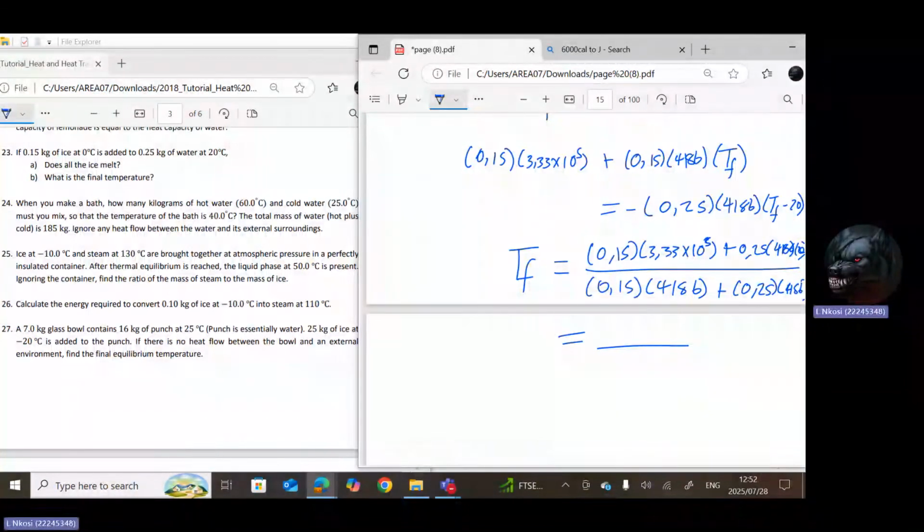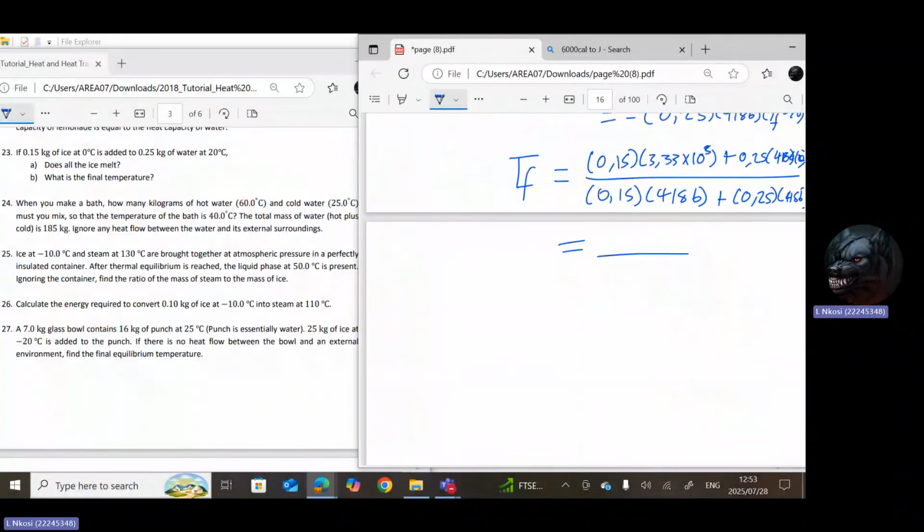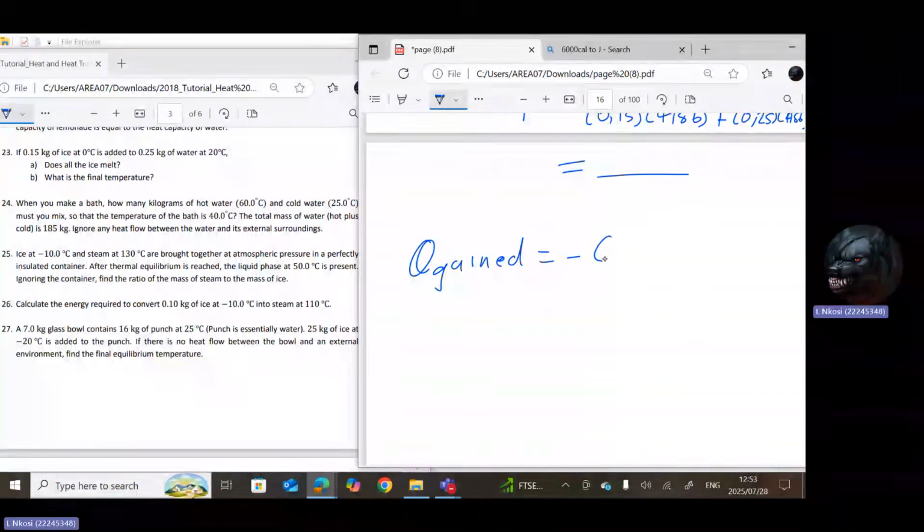Easy stuff. So number 24, when you make a bath, how many kilograms of hot water and cold water must you mix so that the temperature of the bath is 40? Total mass of the water, hot plus cold. This is one of those fun ones in terms of the approach. We are mixing, so heat gained is equal to negative heat lost.